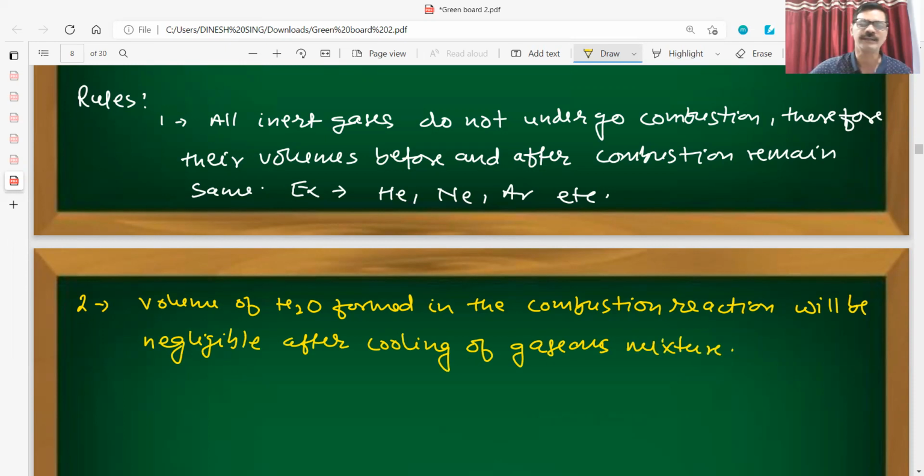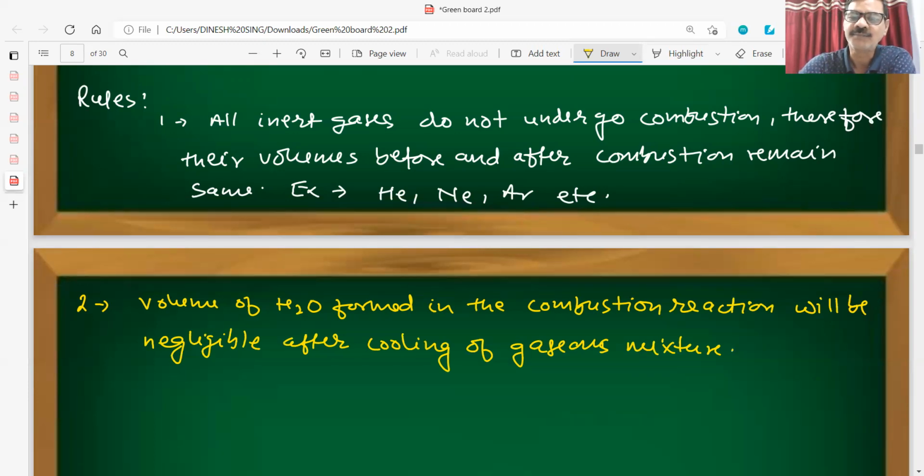After cooling, as compared to the gas, the volume of liquid will become negligible. For example, 1 mole of H2O in liquid state at room temperature has a volume of 18 ml, because 1 mole of H2O is 18 gram and its density is 1 gram per ml.